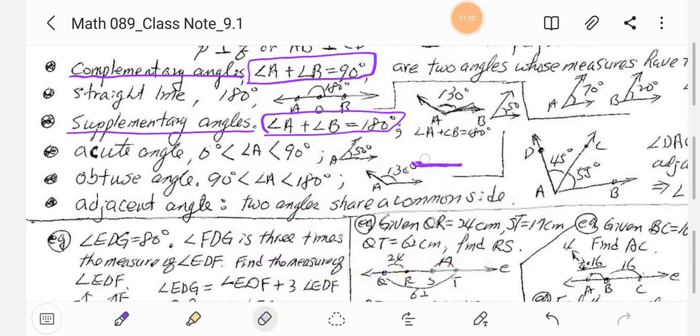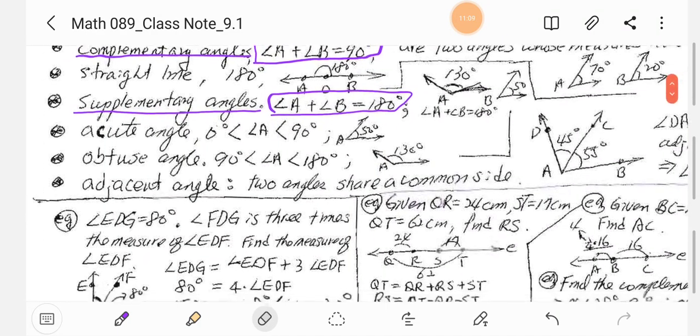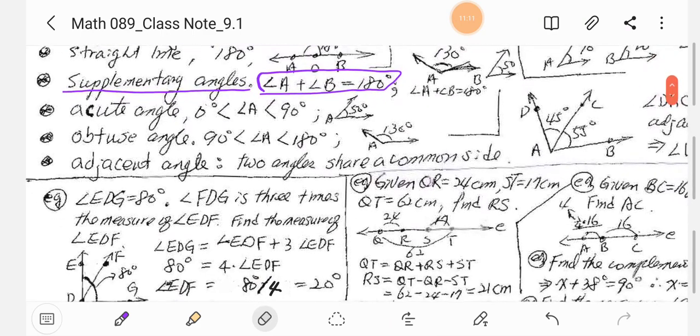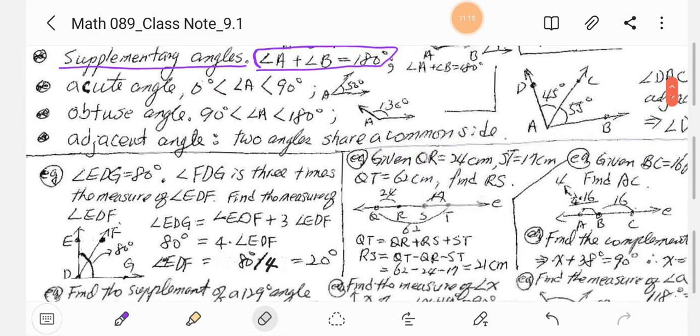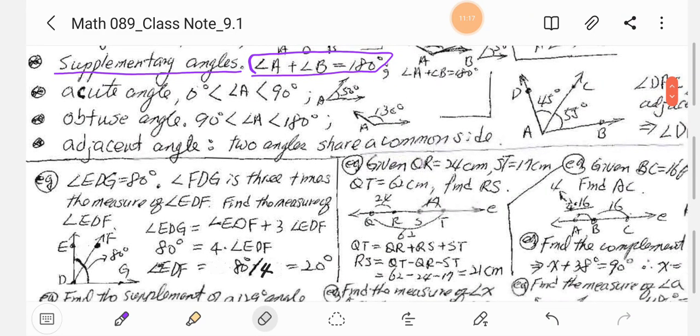Make sense? There are many definitions in geometric terms, so please understand what they are and then memorize them, because we use them many times. Okay, adjacent angles. Adjacent angles means two angles are next to each other, put together.